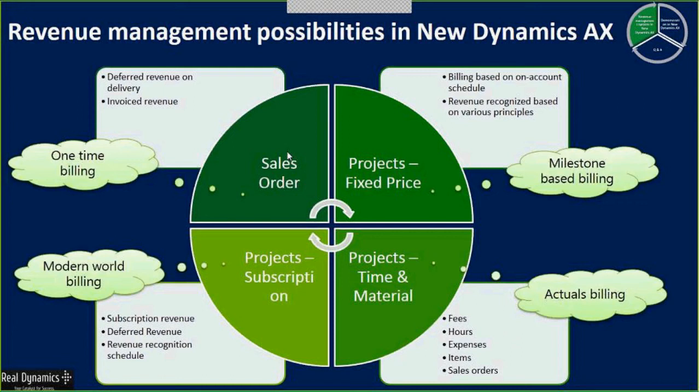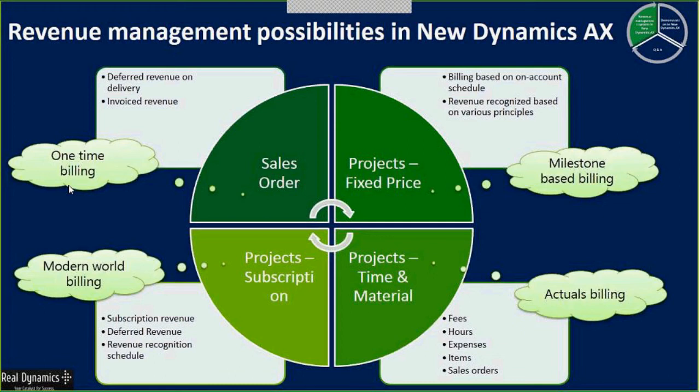It does give an aspect to do deferred revenue, which is only possible when you ship the goods, not really invoice it, but nevertheless it doesn't account for the actual deferral of the revenue and its recognition across different time periods, which is needed by US GAAP, by IFRS, and other accounting standards. So in essence, it's just meant for a one-time billing. The transaction of the sales order is done. You can raise one or many invoices, but that's the life cycle of the order and the process.